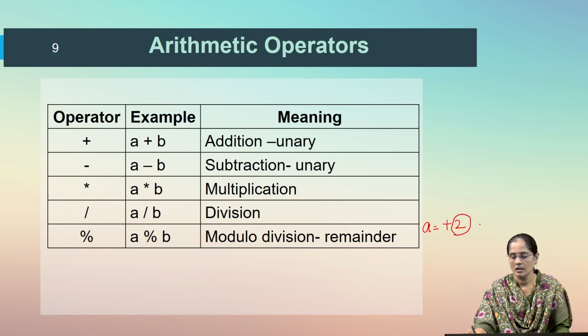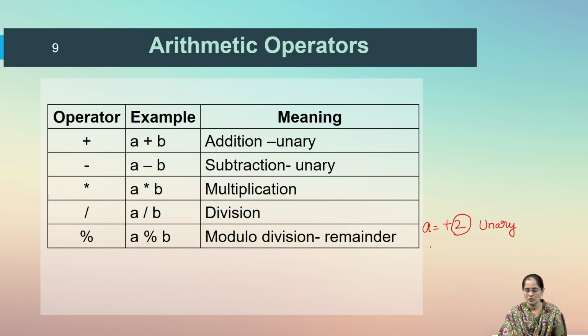In this case, the plus operator acts as a unary operator. If the same operator is used with two different operands, then the same plus operator is categorized as a binary operator.